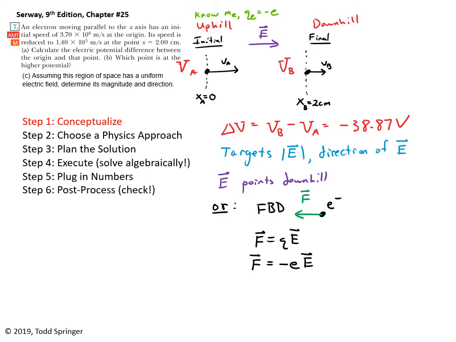So you see here that there's a minus sign, meaning that F and E are in opposite directions, meaning my electric field should be pointing to the right, which agrees with our previous reasoning. So the direction of E points to the right.